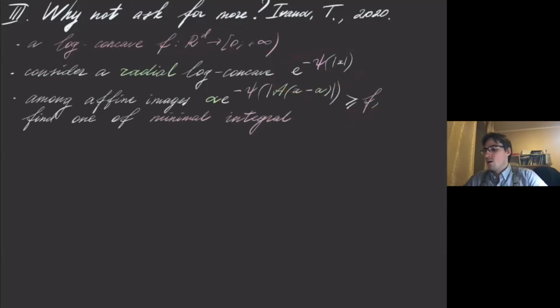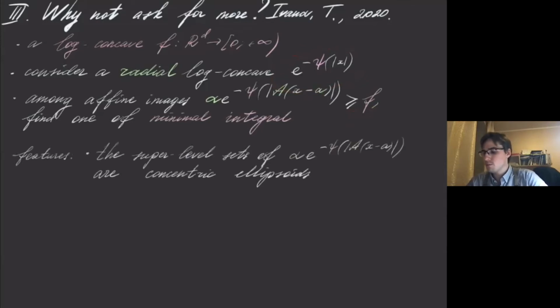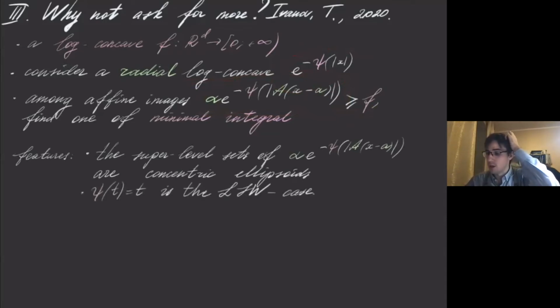Okay, so the geometry behind this problem is that these things are log-concave functions, and their superlevel sets are concentric ellipsoids. By the way, in case you choose, instead of the function psi, just the identity function, you fall into the Li, Schütt, and Werner case that I just considered a few slides ago.